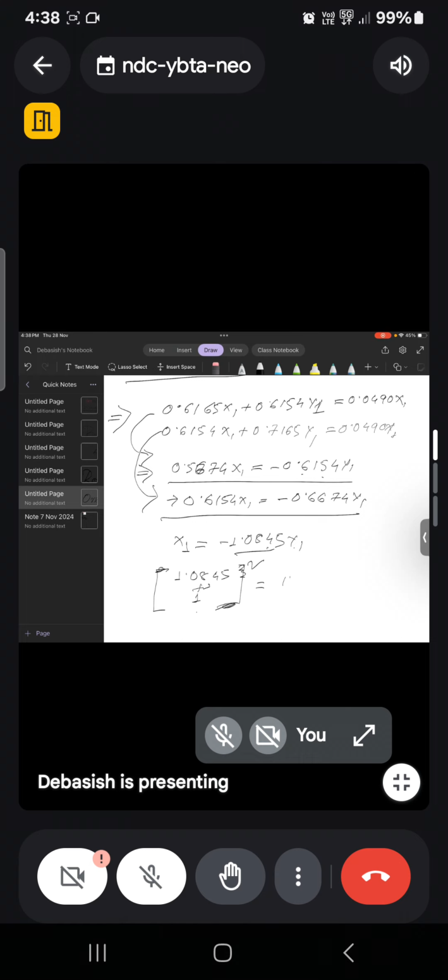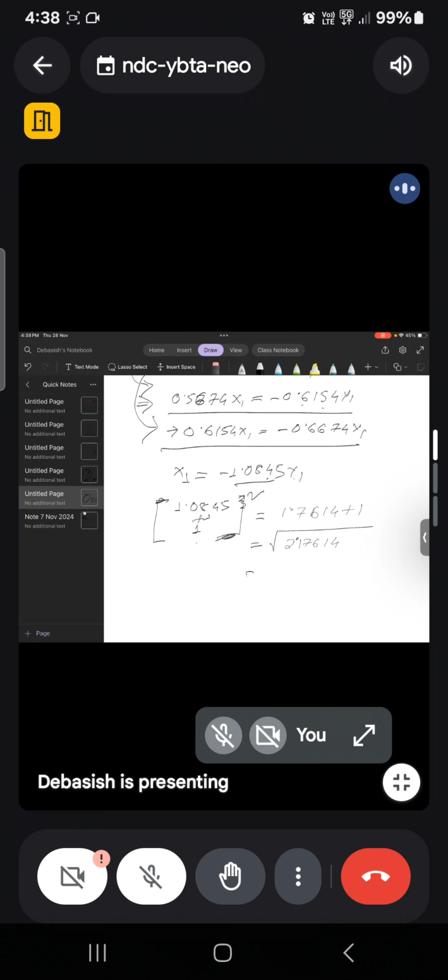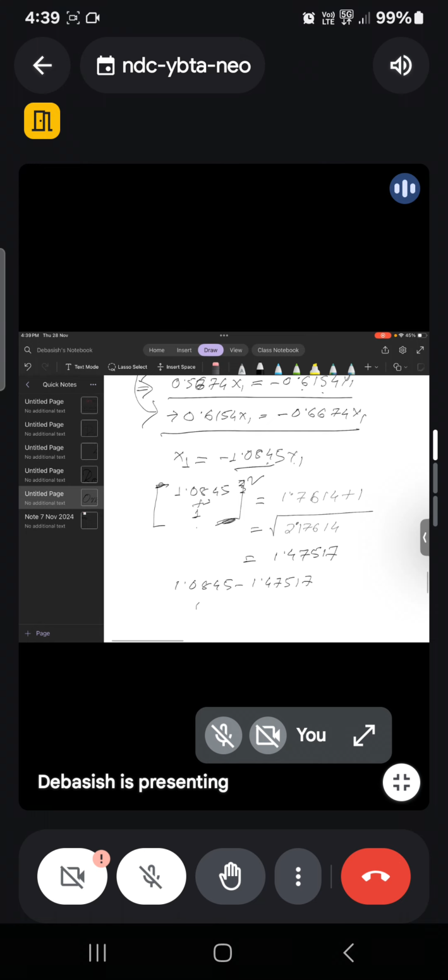So 1.7614 plus 1, and we will find the square root of this, 2.17614, then we will get 1.47517. Then you just subtract: 1.0845 minus 1.47517, and 1 minus 1.47517.